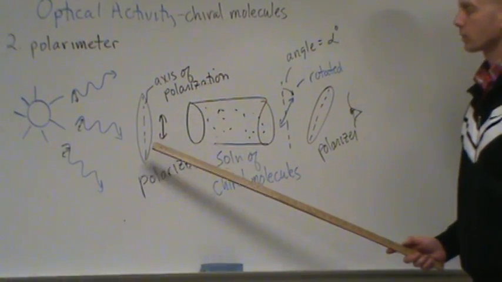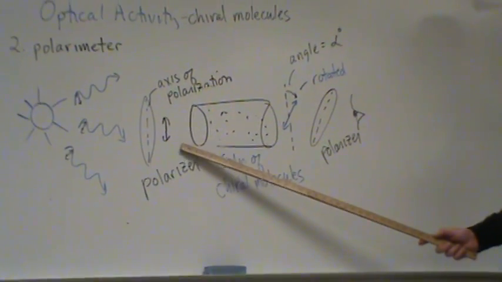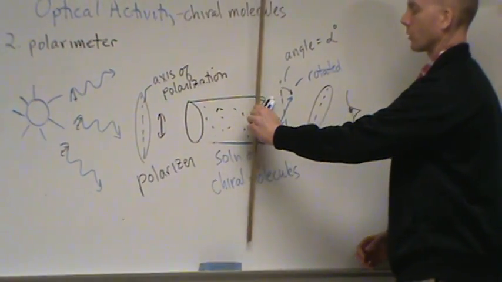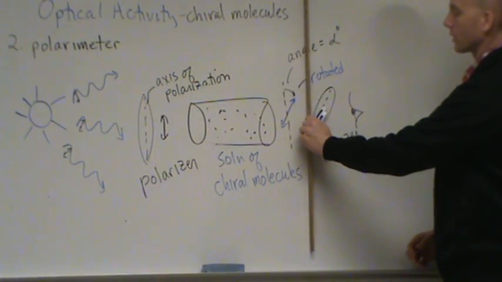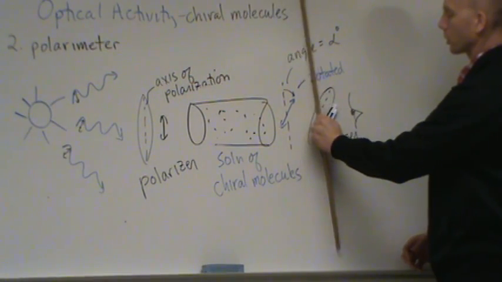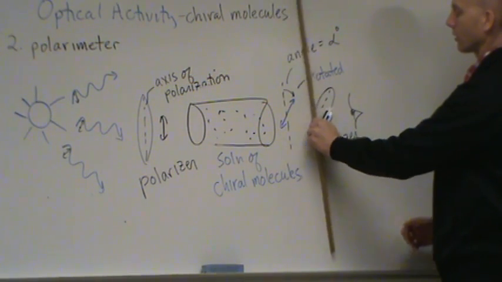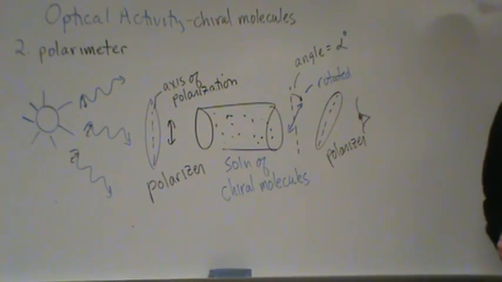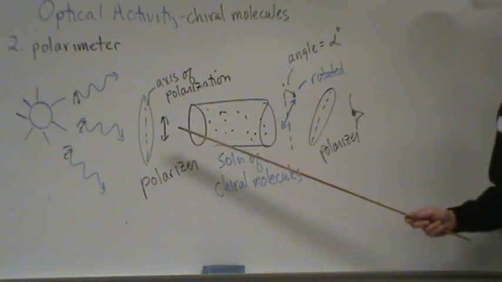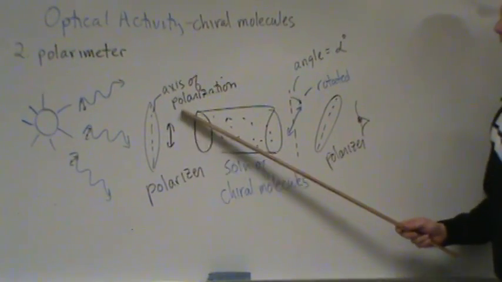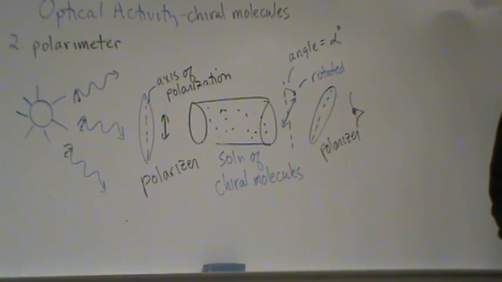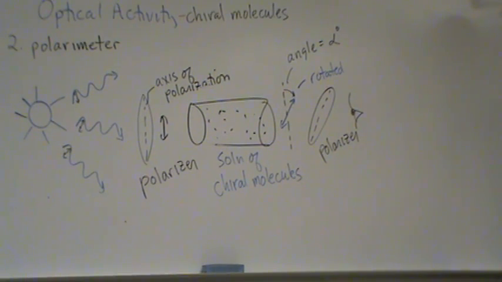If this plane polarized light coming through did not rotate, then what? Would any light get through this polarizer? No, because they're blocking each other out. So if it didn't rotate plane polarized light, then I would see a dark field.